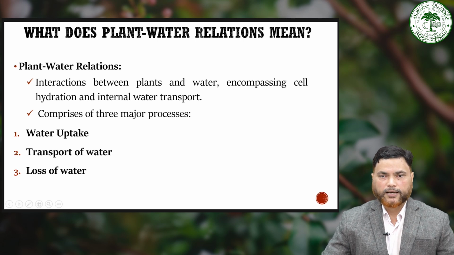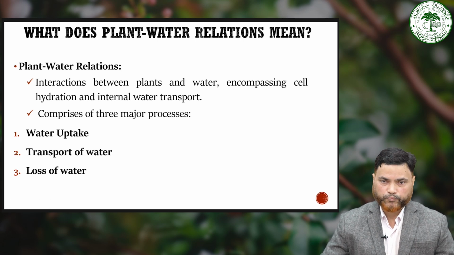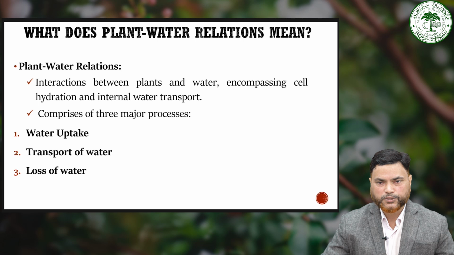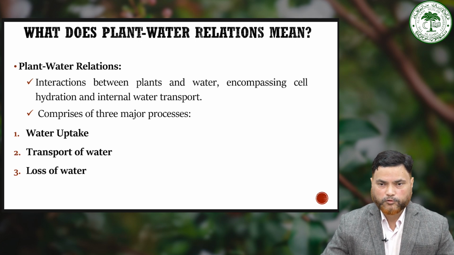Root hairs remain in direct contact with the soil, so these specialized structures serve as the primary site for water and mineral absorption. They significantly increase the surface area available for uptake and absorb water through the process of osmosis and root pressure.